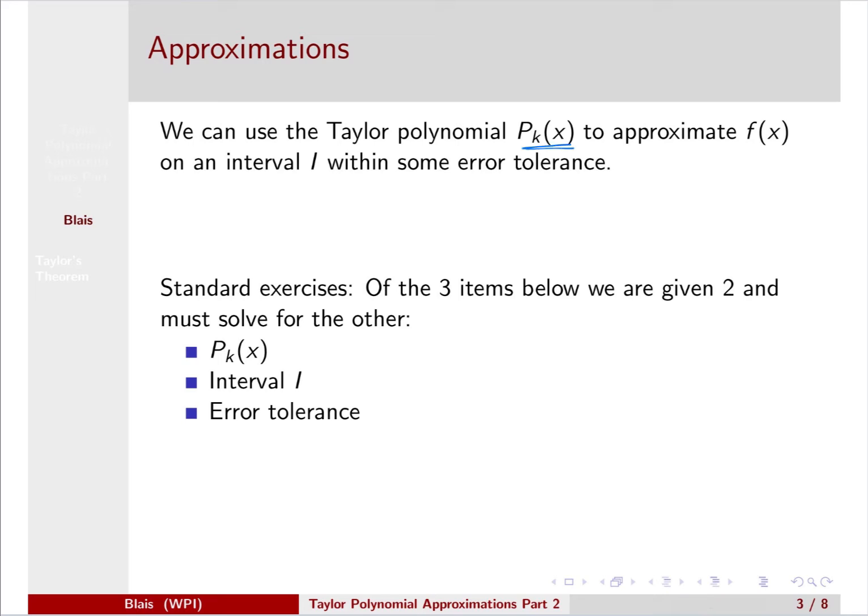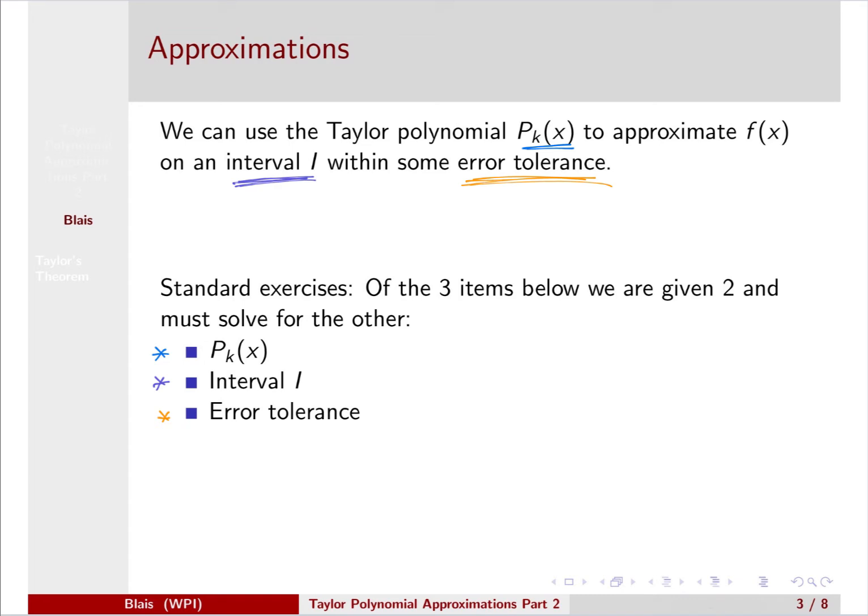So we looked at problems in the first part of the lecture where we were given the approximation, we were given the interval, and we were asked to find the error tolerance. But it's common to be given exercises where you're given two of these and you have to find the other. So we will look at the other two cases.